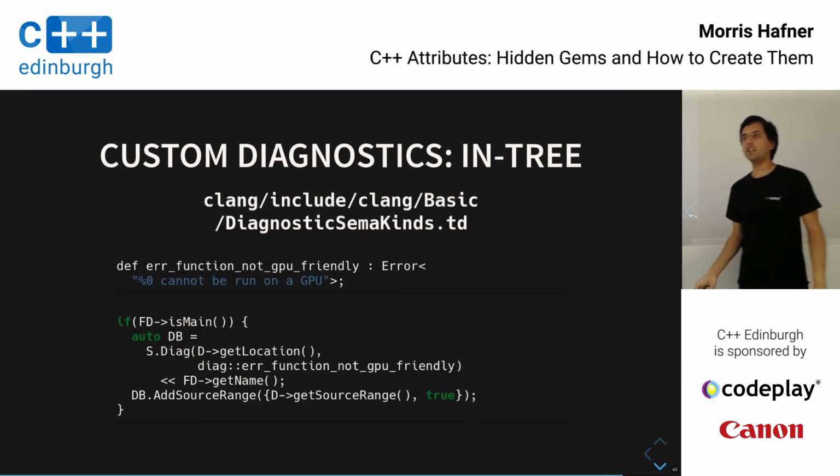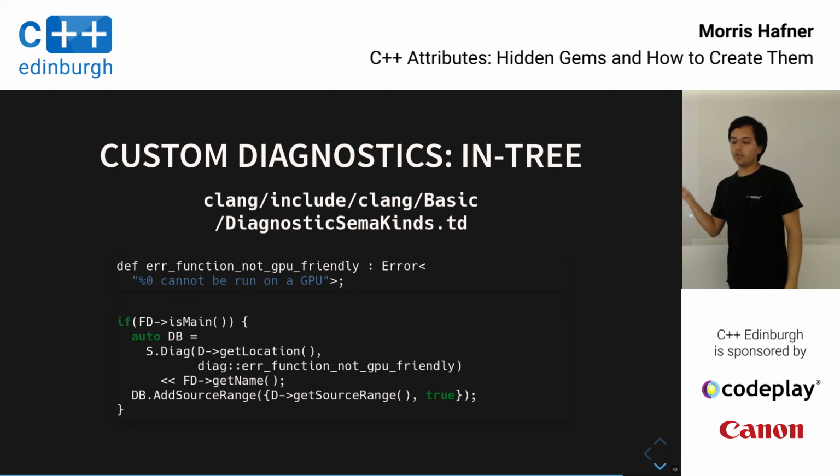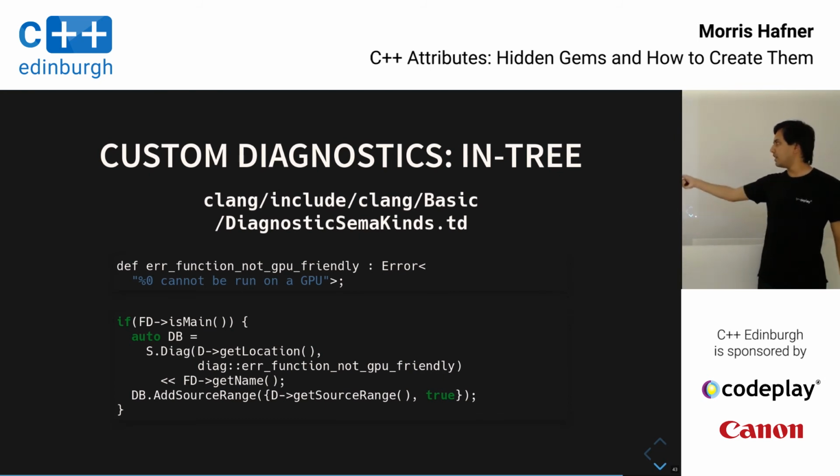However, we already forked Clang, so we might as well just add it in tree, so we have a bit more features. For this, we go to basic/diagnostics-cmykinds.td, where we attach the definition of our own error message here. Here we're saying some function cannot be run on a GPU, and it's an error.